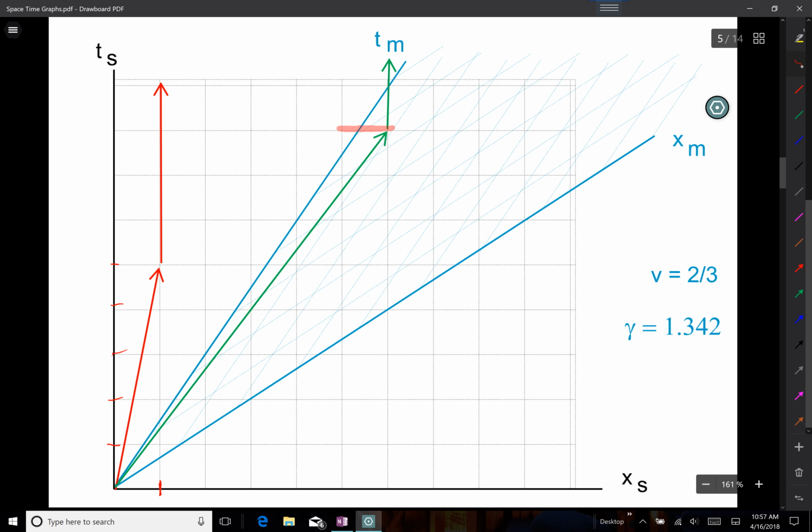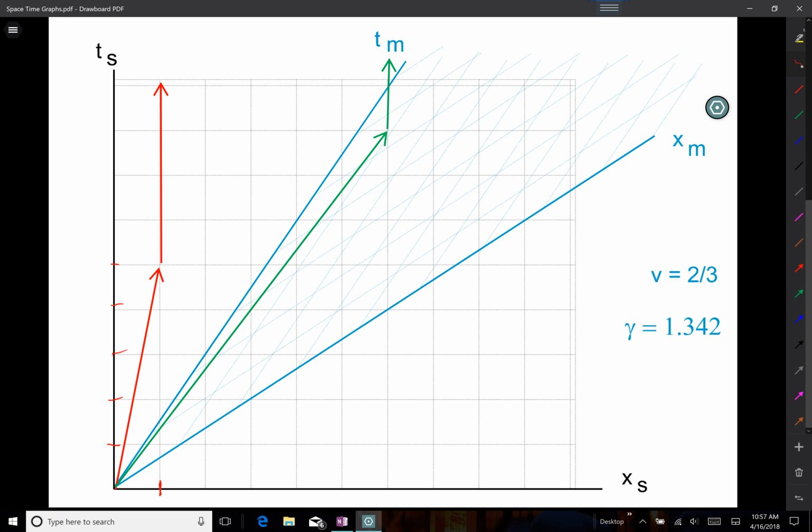Okay, right to there. And they're flying at 3/4 the speed of light, so that means the slope of this line has got to be 4/3 or 8/6. Right? The slope is 4/3. If I double the numerator and the denominator, I don't change the fraction, but I get 8/6.